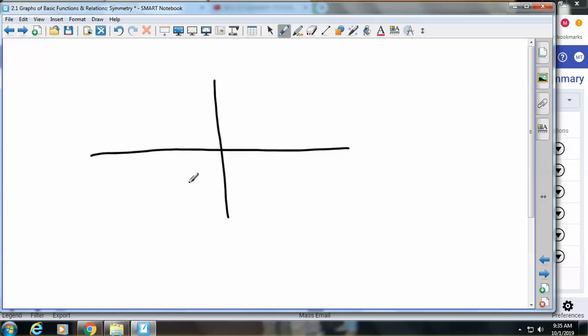So if I gave you, let's say, this function. This first section of the graph is doing what? Decreasing.